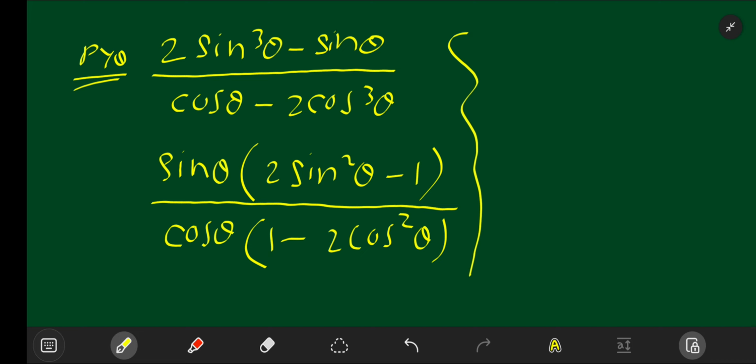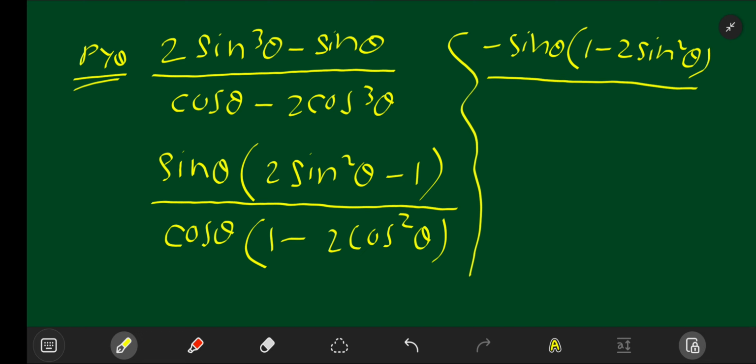If we take minus common from the numerator and denominator: minus sin theta into 1 minus 2 sin square theta, divided by minus cos theta into 2 cos square theta minus 1.